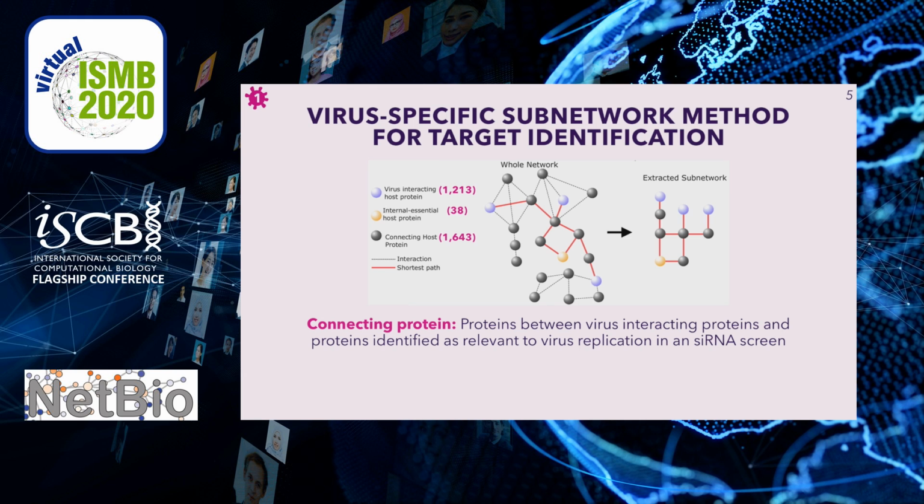And this subnetwork is representative of the disease events that happen after infection. And so we use this subnetwork to identify potential drug targets or to understand if this network is enriched for potential drug targets.